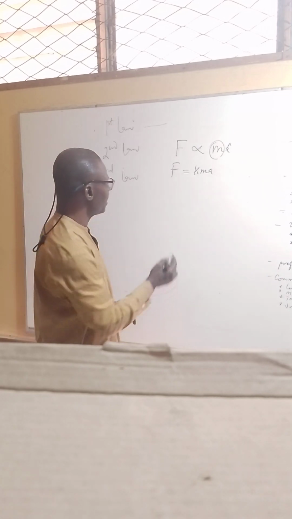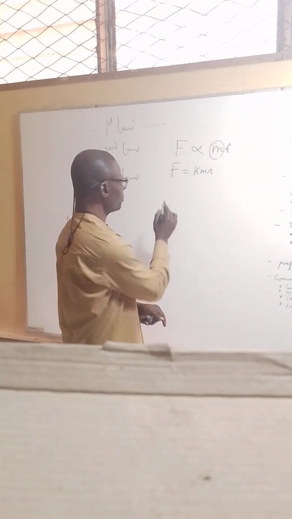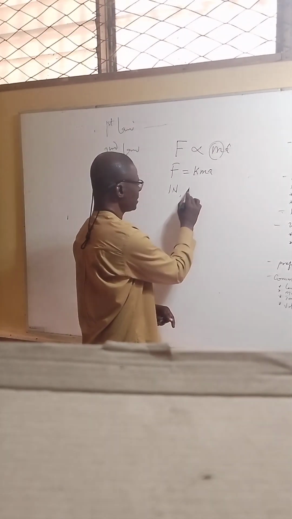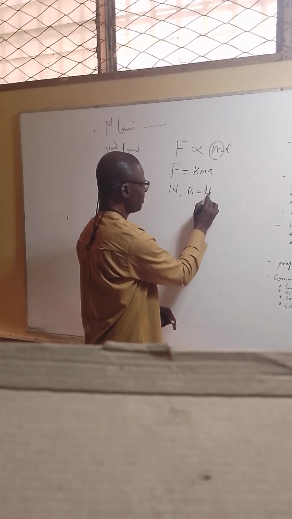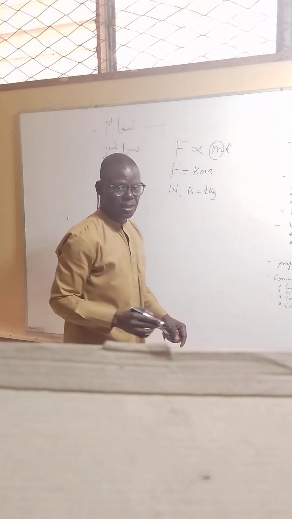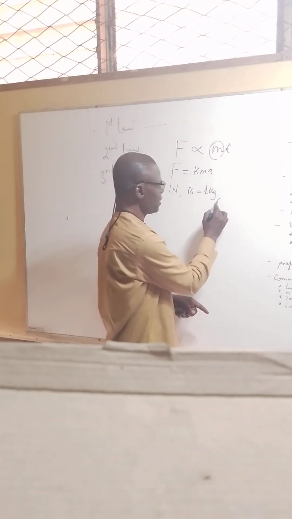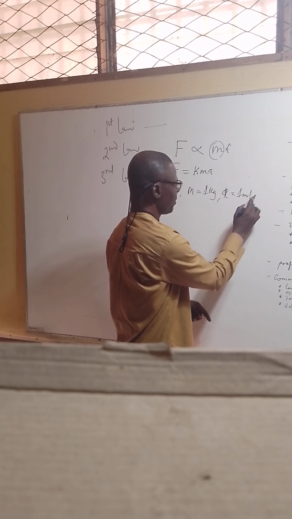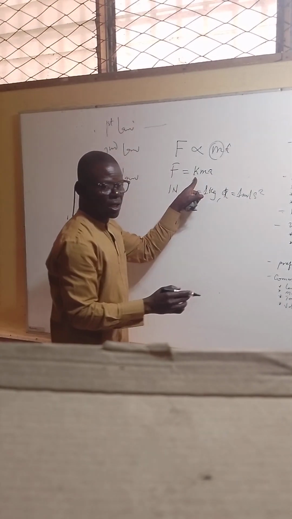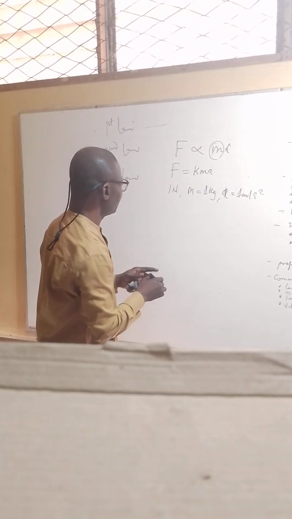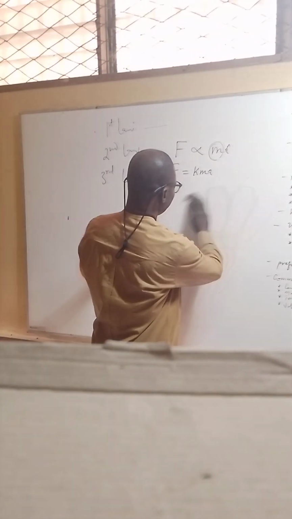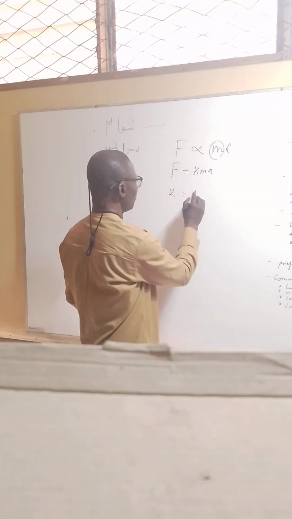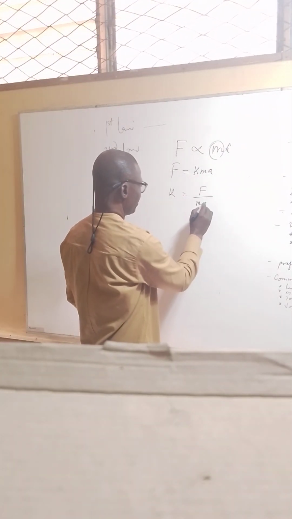We have chosen that if you apply a force of 1 Newton to a body of mass 1 kilogram, and it gives it an acceleration of 1 meter per second square, then if we substitute these values in this equation, we find that k is equal to force all over ma.